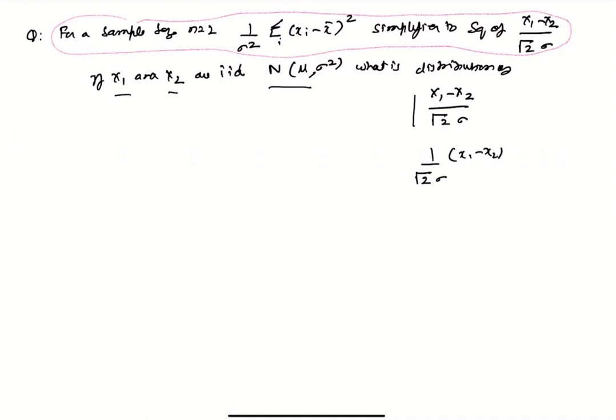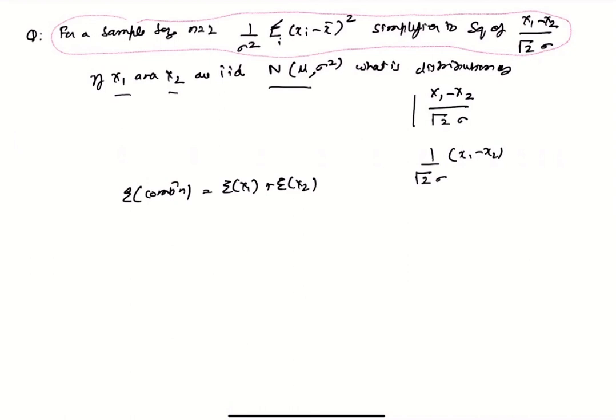We want to know what the mean is going to be. So the expected value of the combination is going to be the expected value of x1 plus the expected value of x2.